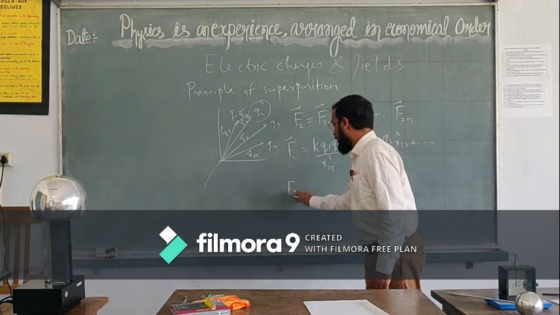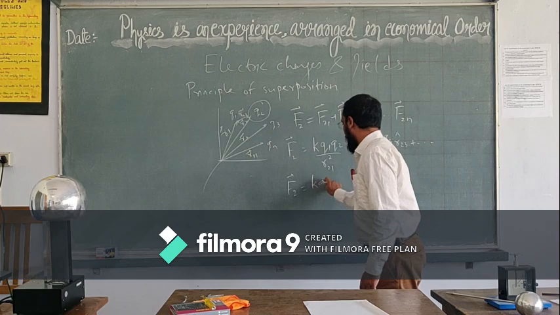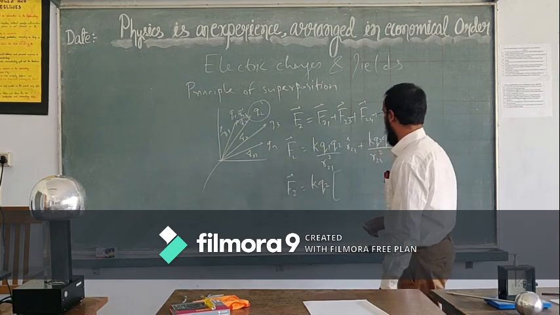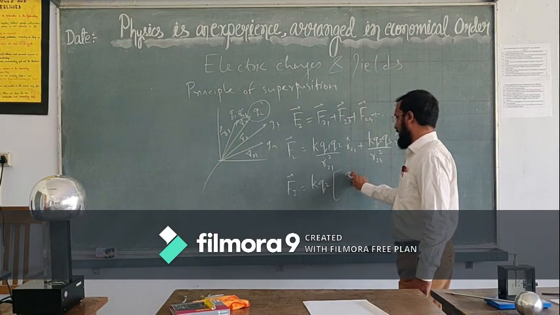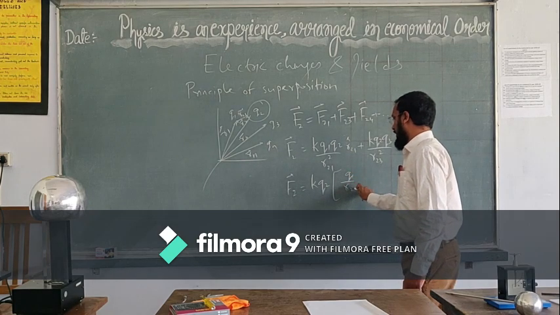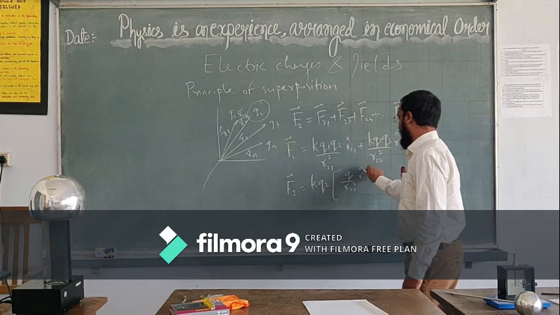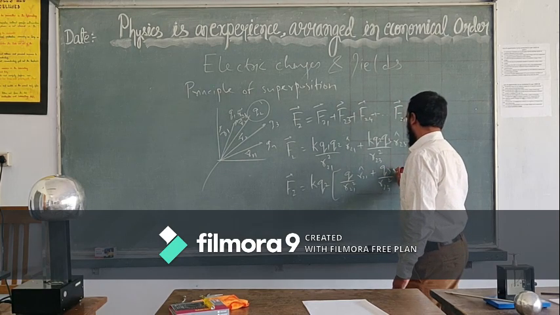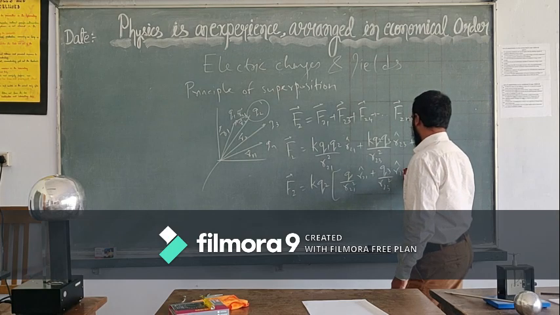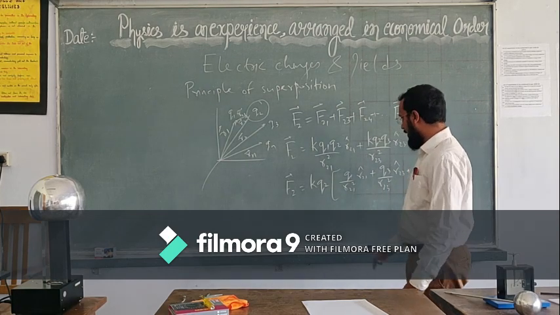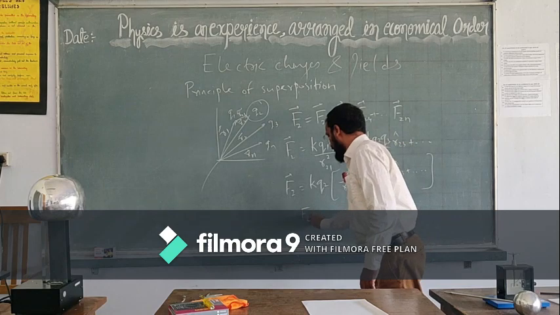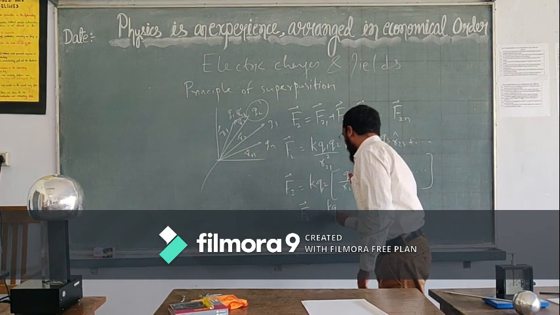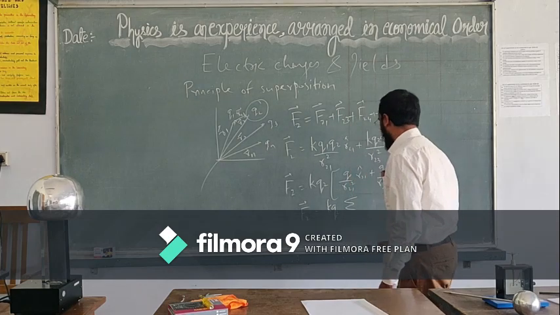You can then take out K Q2 common because they are everywhere, and so what remains over here is Q1 by R21 square R21 cap plus Q3 by R23 square R23 cap and so on. इसको अगर हम mathematical form में लिखें तो we can write it as K Q2 sigma.